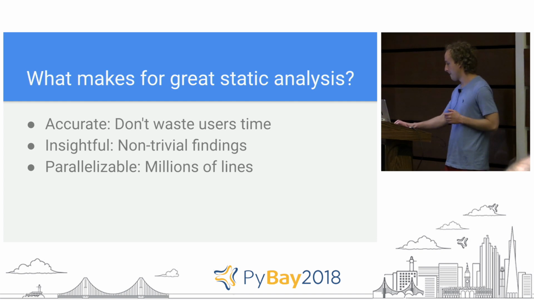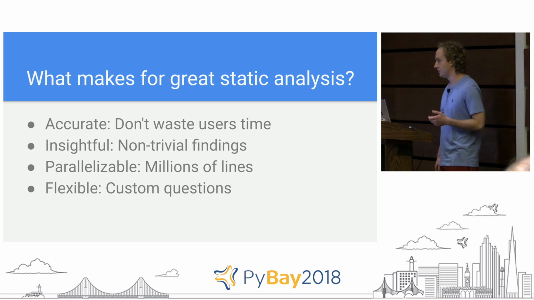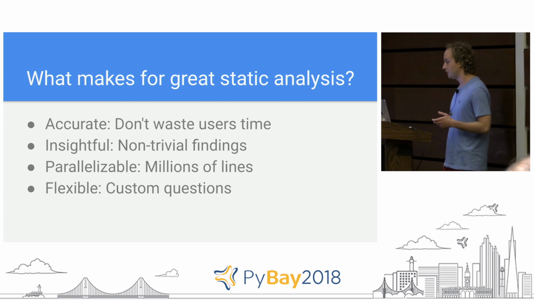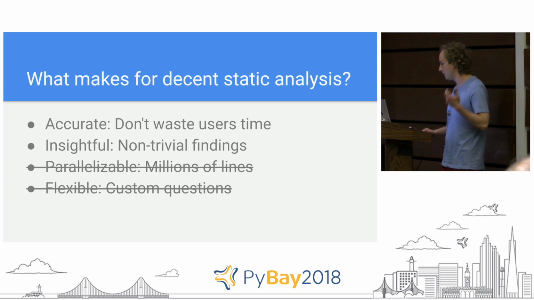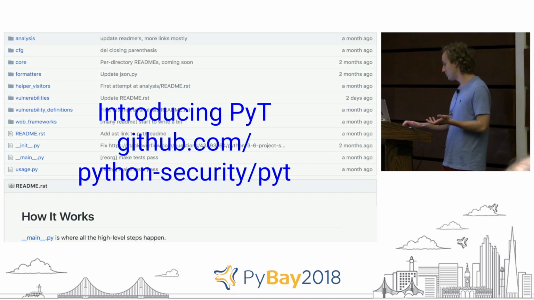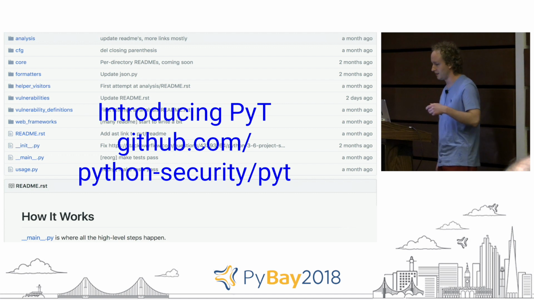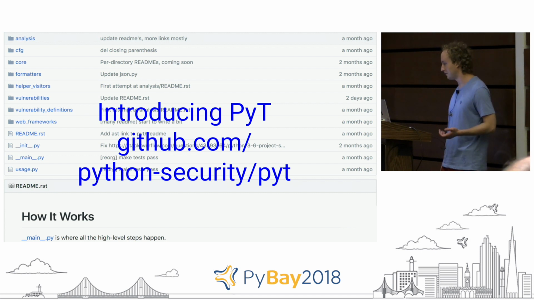And it's flexible, so you can ask it things that you didn't think to ask before. So if you have a limited amount of time and it's just an open source side project, you'd probably pick the first two.